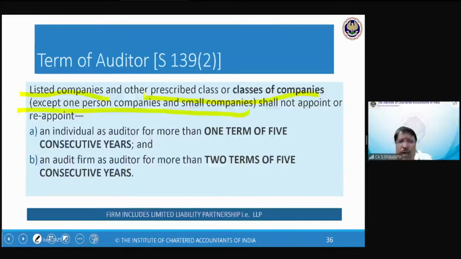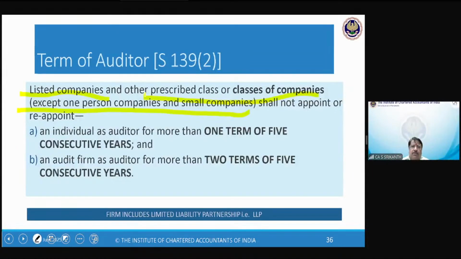Shall not appoint or reappoint an individual as auditor for more than one term of 5 consecutive years, and an audit firm as auditor for more than 2 terms of 5 consecutive years. So individual, 1 term, 5 years. Firm, 2 terms of 5. So you get 10 years.